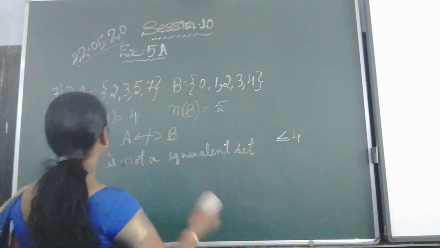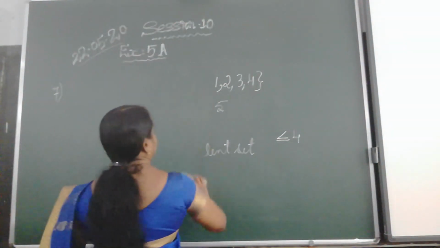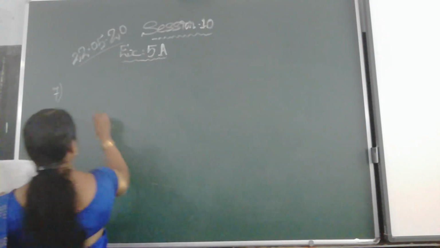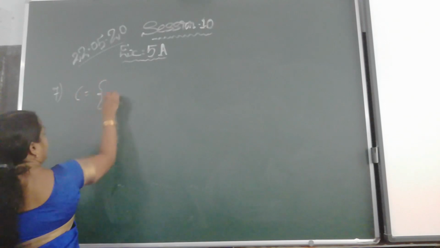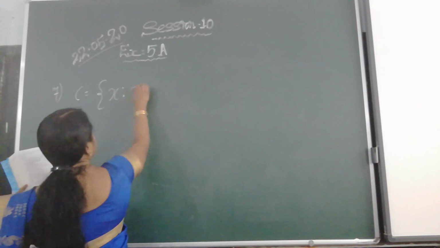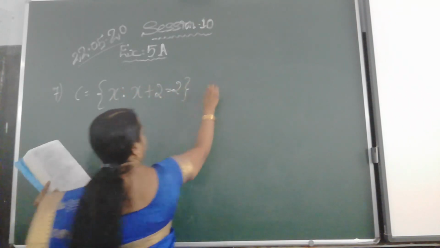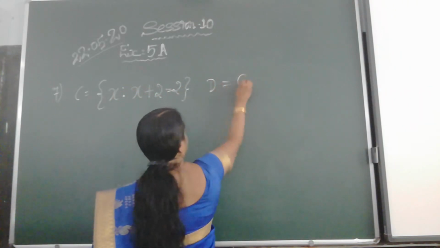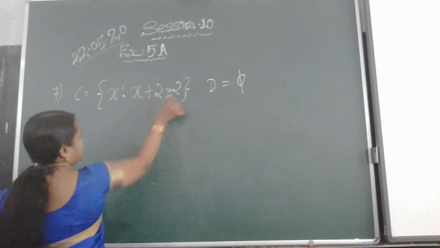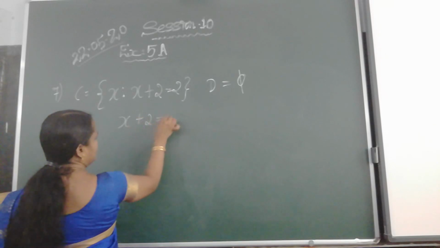Cardinal number should be the same. And D, it is an empty set, null set.